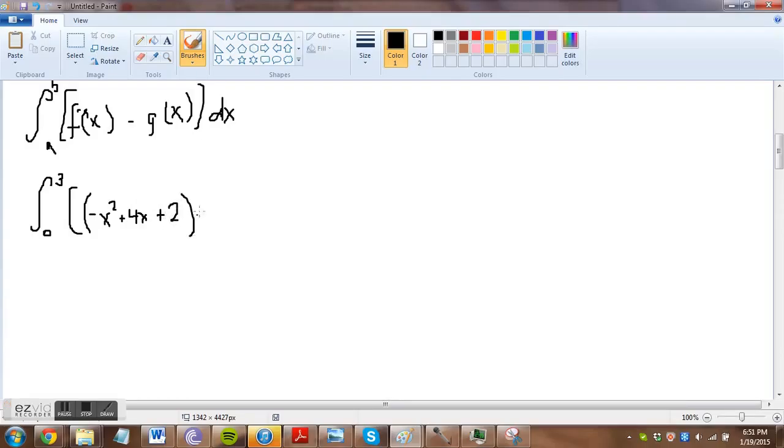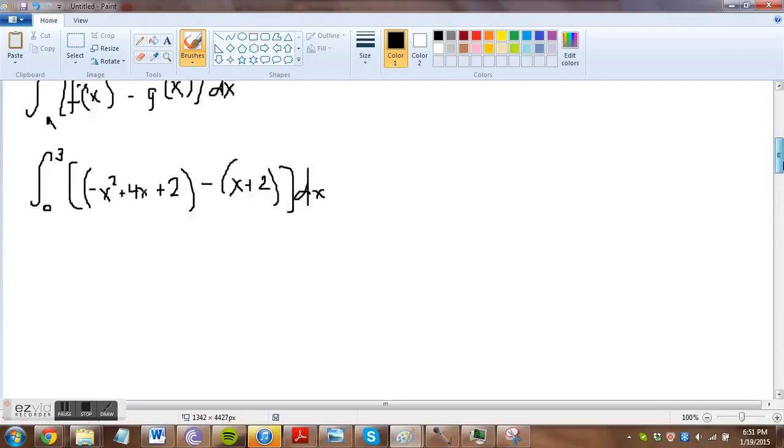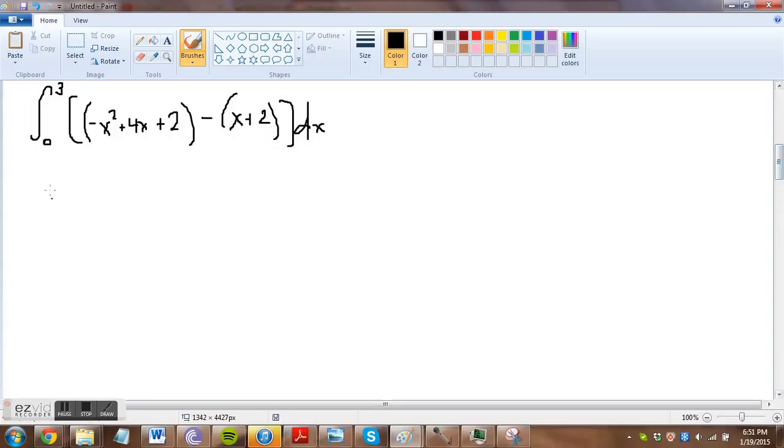And then we can simplify that down and we'll get the integral from 0 to 3 of negative x squared plus 3x dx.